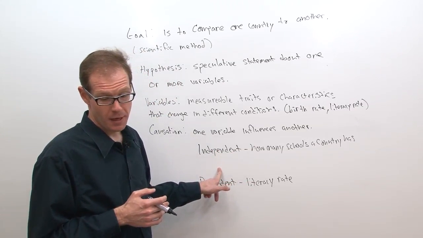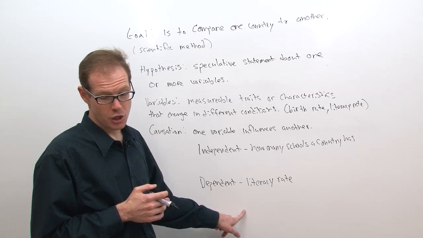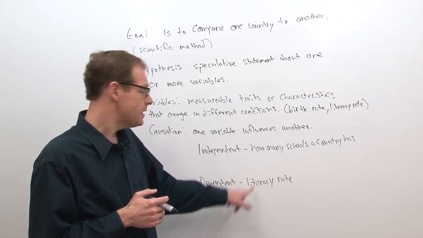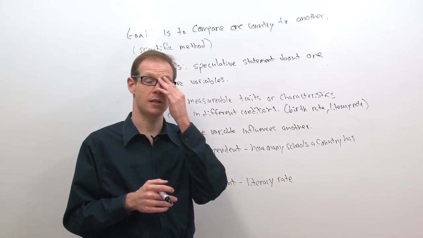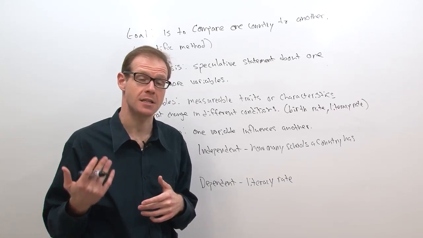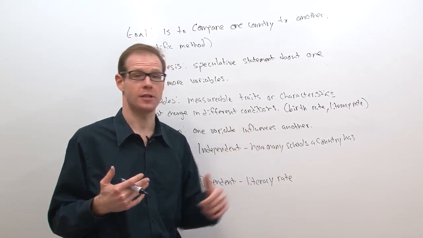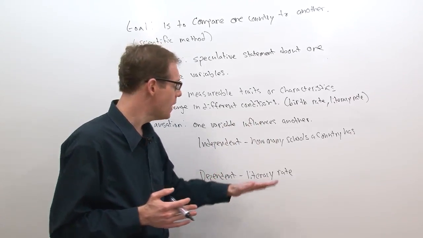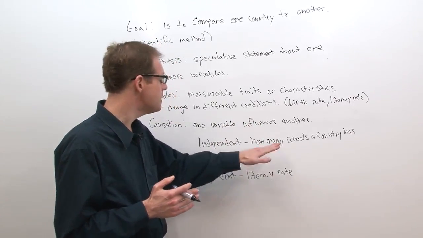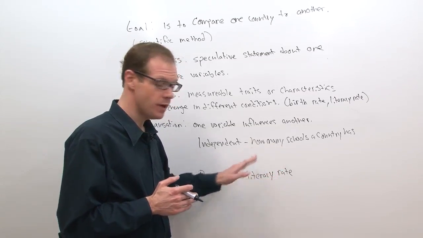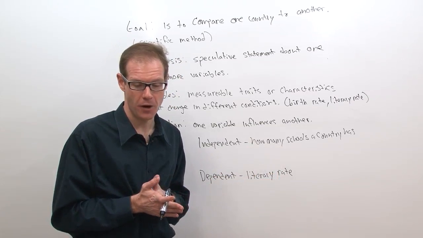Another example might be the number of transportation networks a country has, or let's say the number of railroads a country has, depends on how many taxpayers a country has. So a country that's wealthier, that has more people paying taxes in the first place, will have a better rail system, or a better air traffic system, or even a better road network. The road network depends on how many taxpayers there are. That's the difference between a dependent and an independent variable.